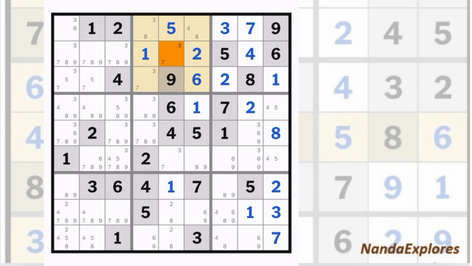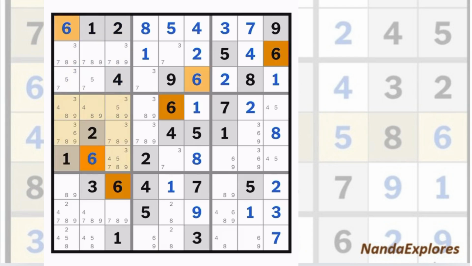Then this cell becomes a cell where 4 is unique, and since 6 is already there, this becomes a 9, and this becomes a 8. So this is a cell where again 8 is unique, and this becomes a 6. And here this also becomes a 6.